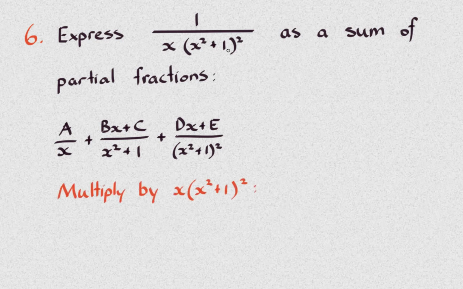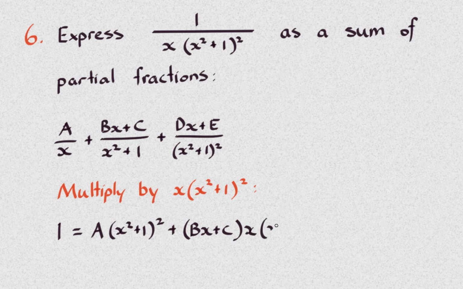And so if this is our left hand side, we get 1. And then on our right hand side, we get a outside of (x squared plus 1) all squared, because it's just the x's that cancel. Then in our second fraction, we have our bx plus c, and we will be left with an x, so the x will still be there, and an x squared plus 1, so just one of them.